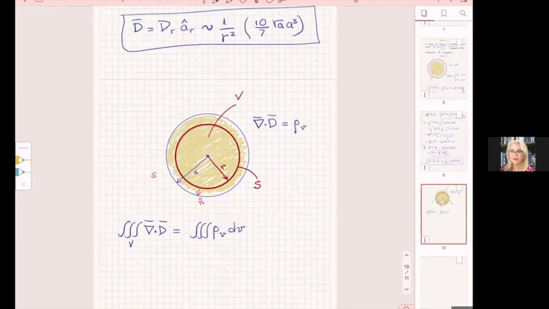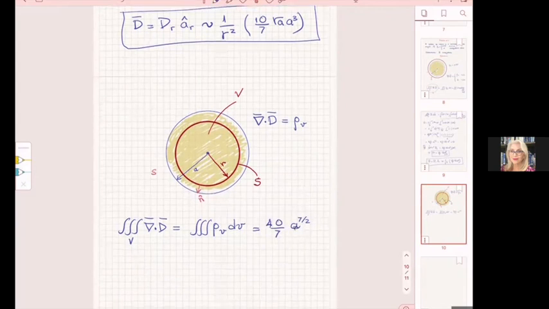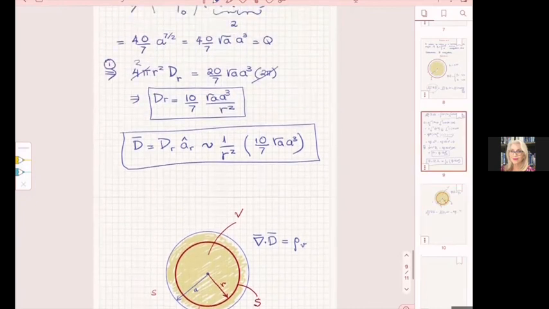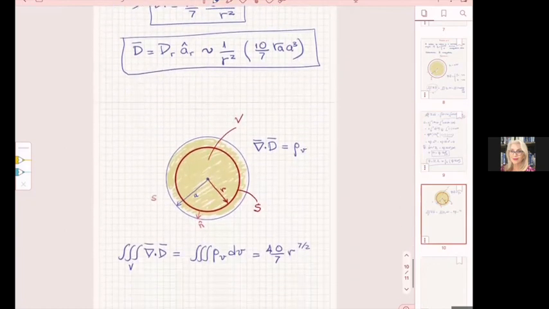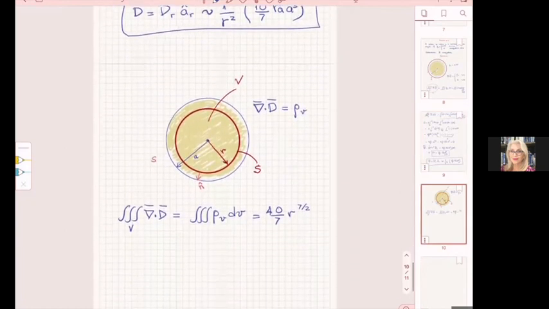So there. That. But this, instead of A, we're going to have R. This one, because it's going to be also the same thing, it's not going to be a function of theta and phi.